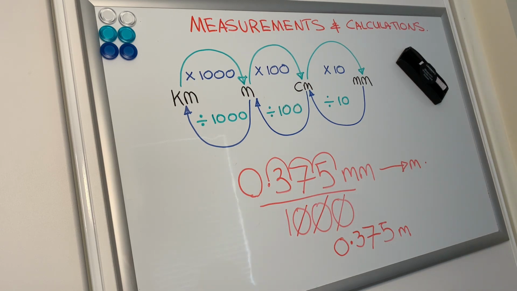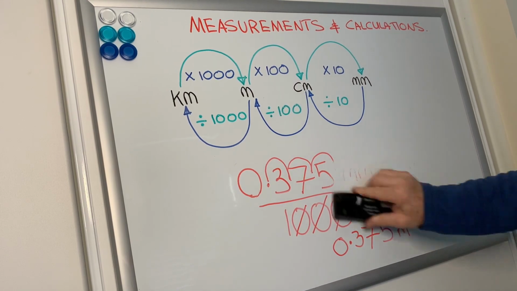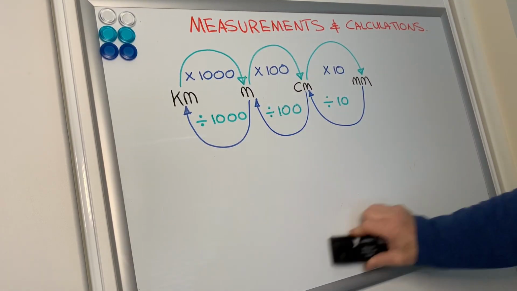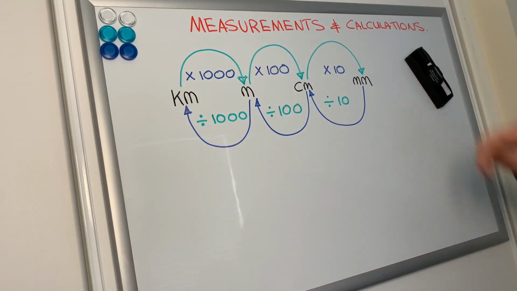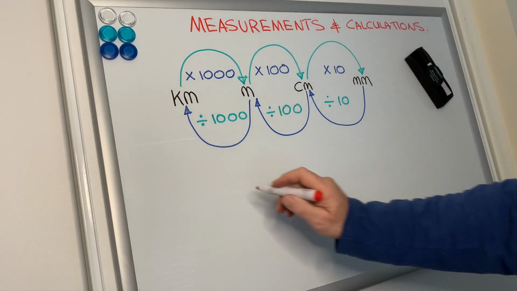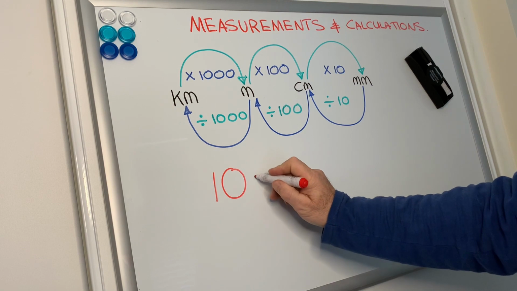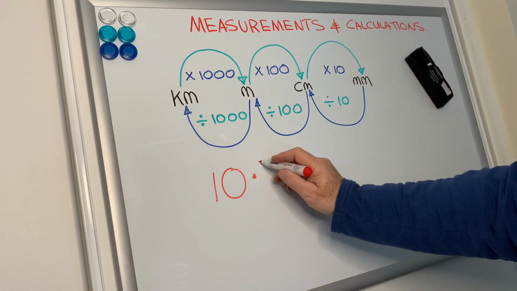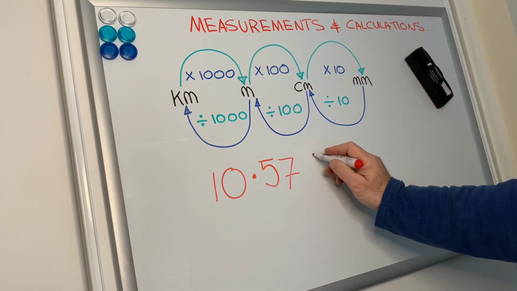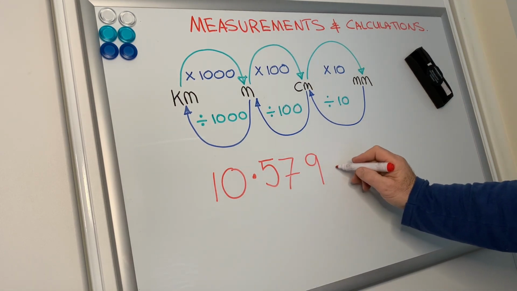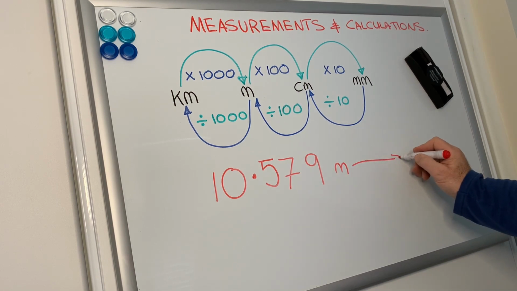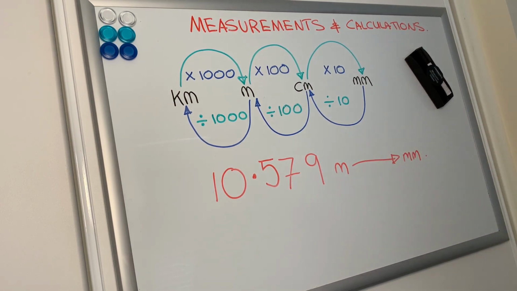Let's have a look at another example. Let's say for example we have 10.579 meters, and we want to convert that into millimeters.